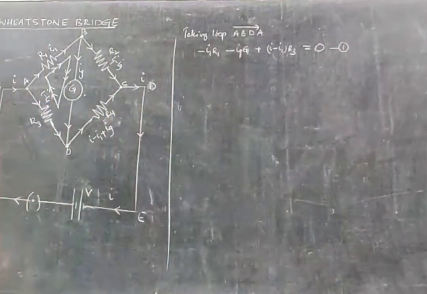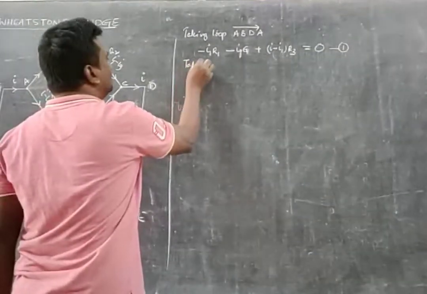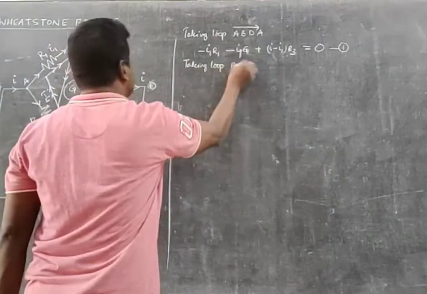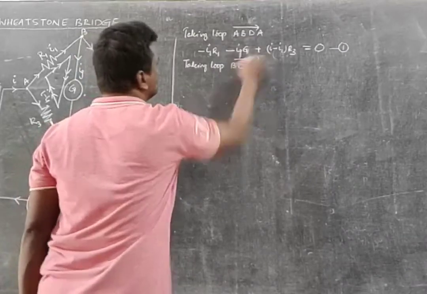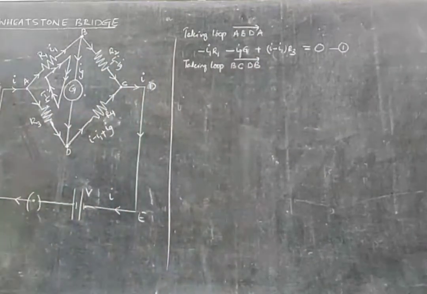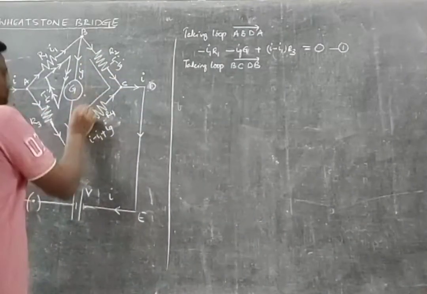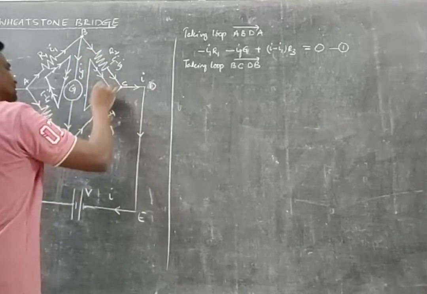Now let me take the other loop. So now I am taking loop B, C, D and B. So this is my loop now. I started from B, reached C, then D, and again B. So this is my direction.